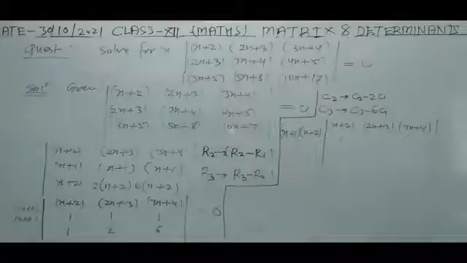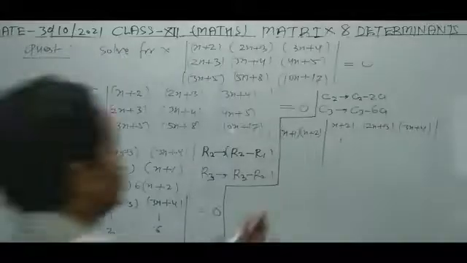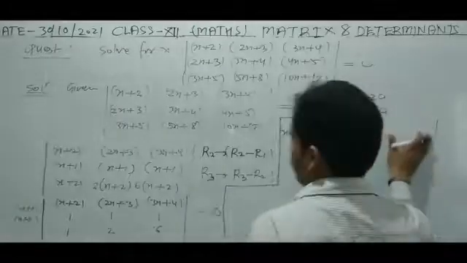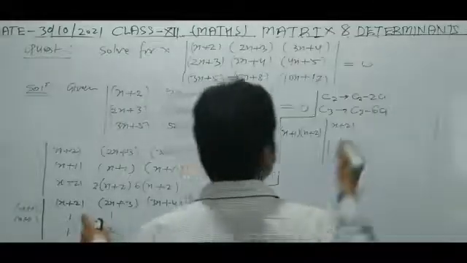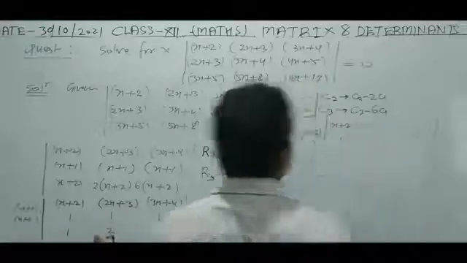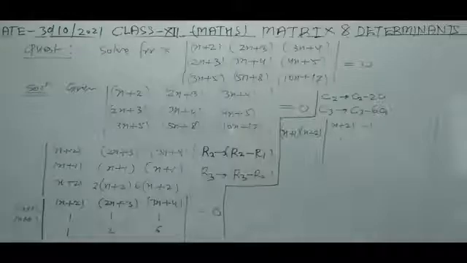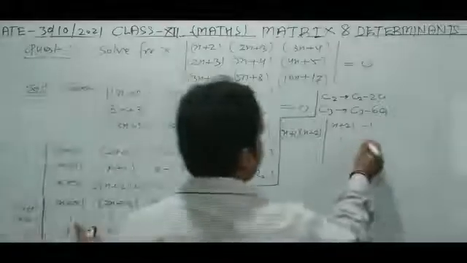And now the elements will be C2 minus C1, so the result will be minus 1. At this place you will get minus 1, and now this result will be 0.